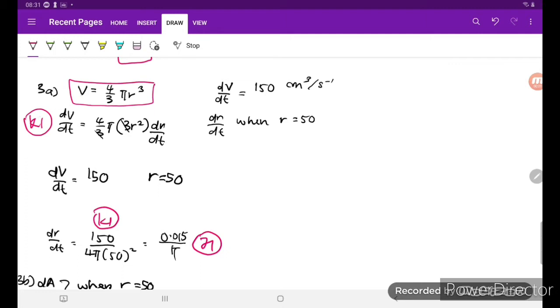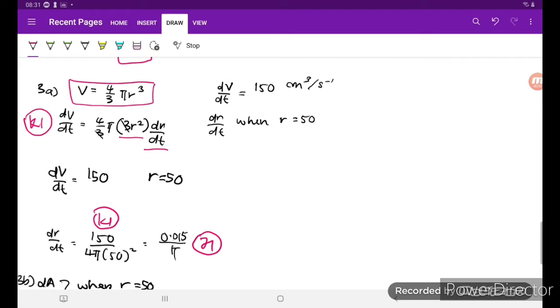Because you differentiate v cannot, so you have to have dv over dt, and then you differentiate r to the power of 3. Okay, you will get 3r squared dr over dt. You cannot differentiate r with respect to t, so you have to write dr over dt.